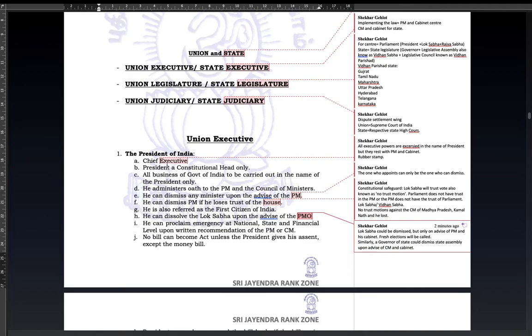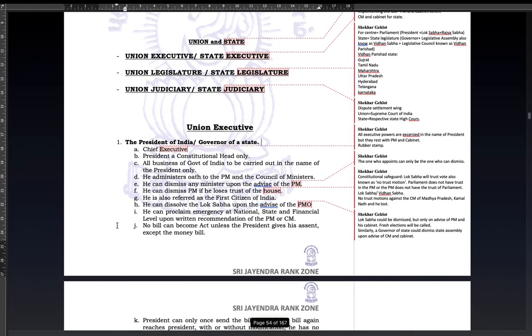So if you want to understand the governor of a state, we can replace the president with the governor and union with the state. Similar functions are carried out by the governor in relation to a state.